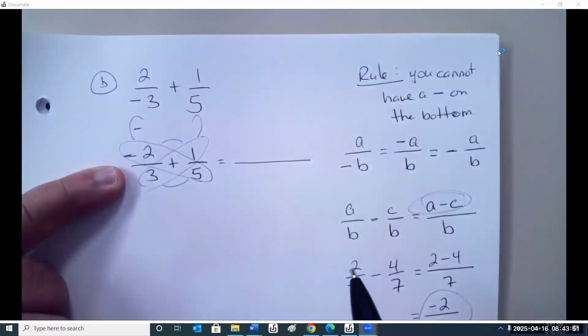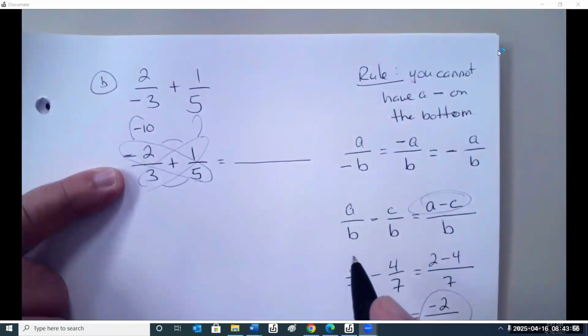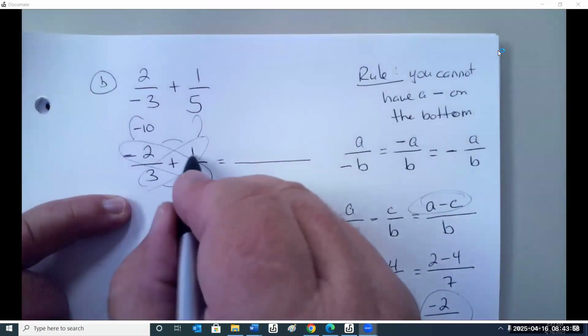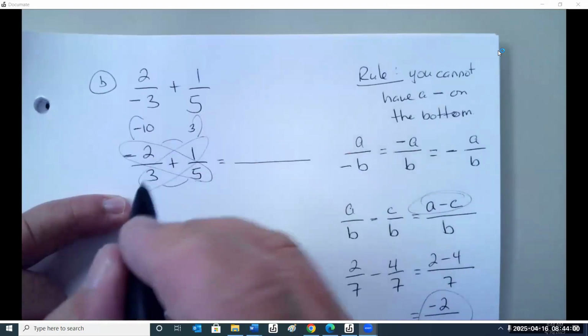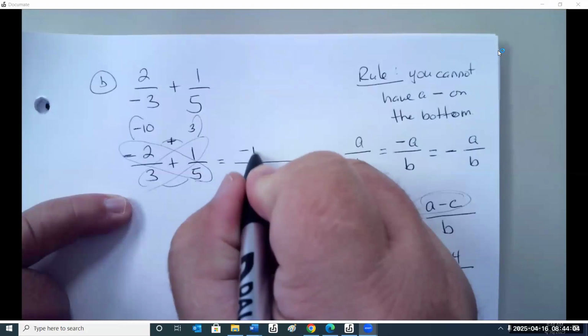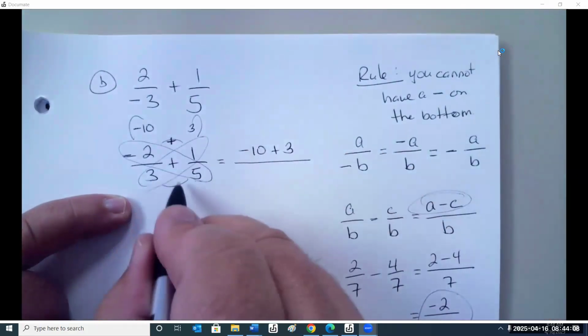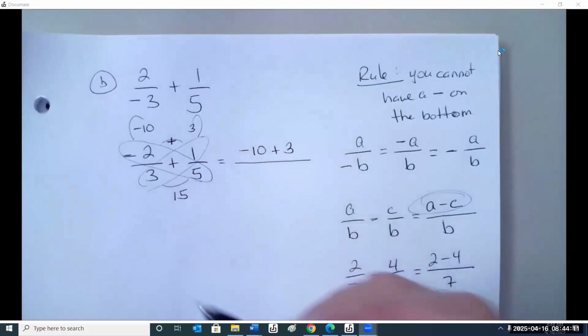Negative. 2 times 5 is 10. These are both positive. 3 times 1 is 3. And the sign is plus. So we have -10 plus 3. On the bottom, it's 3 times 5 is 15.